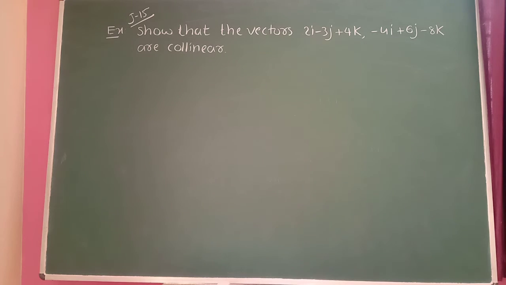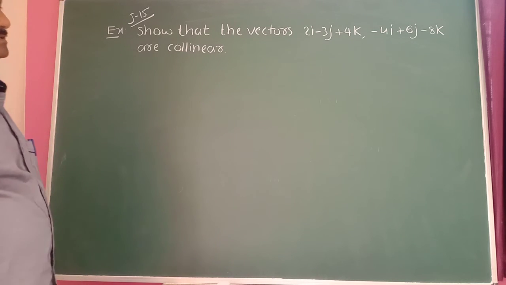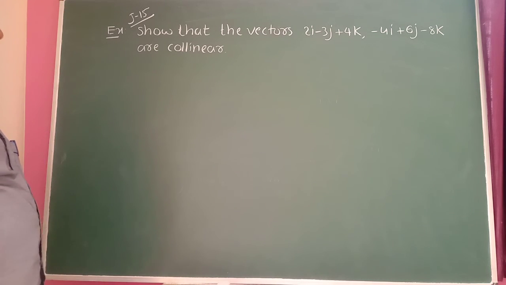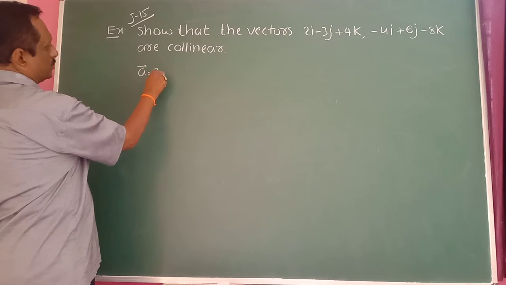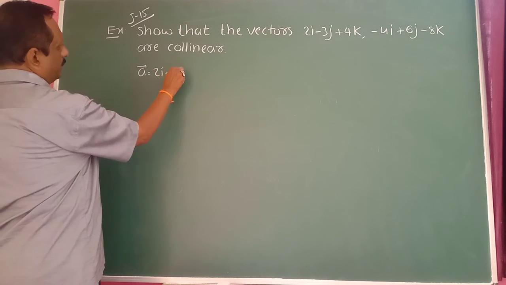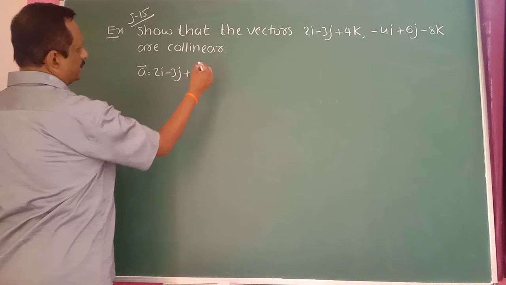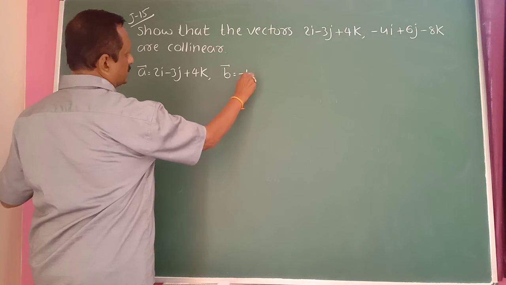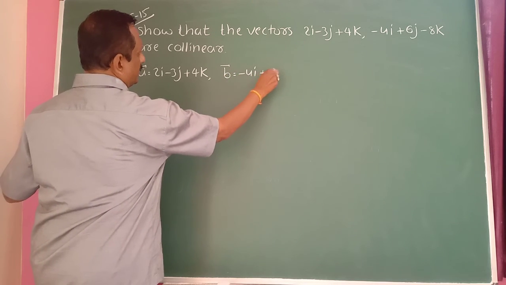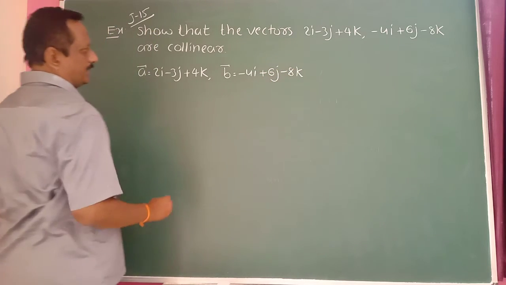Show that the vectors 2i minus 3j plus 4k and minus 4i plus 6j minus 8k are collinear. So consider a bar is equal to 2i minus 3j plus 4k and the vector b bar is minus 4i plus 6j minus 8k.